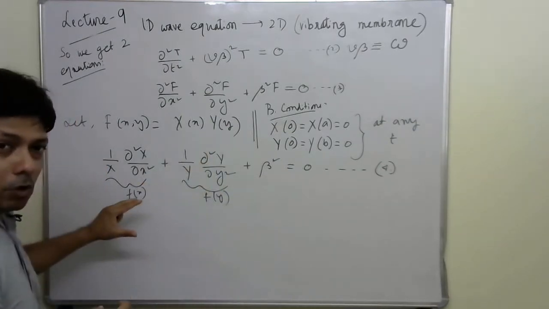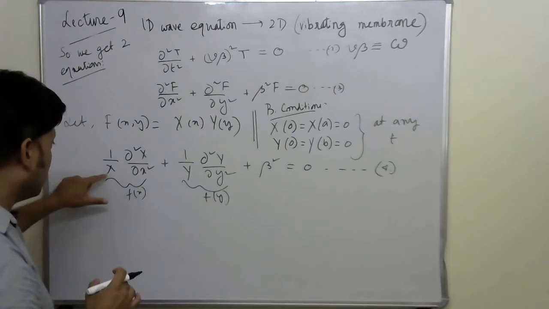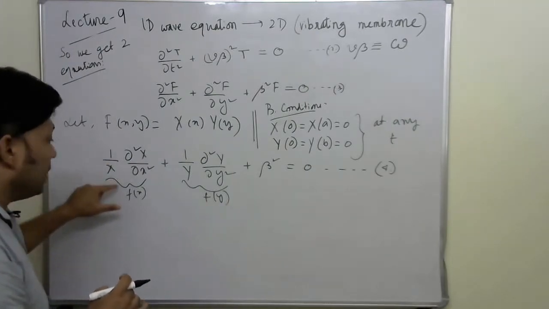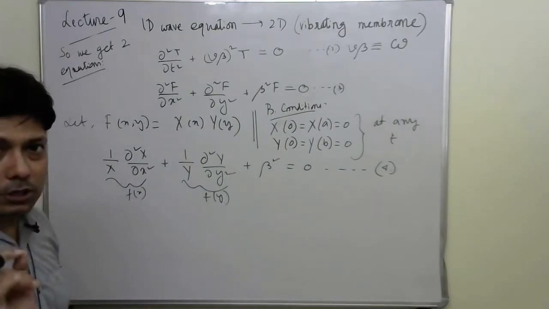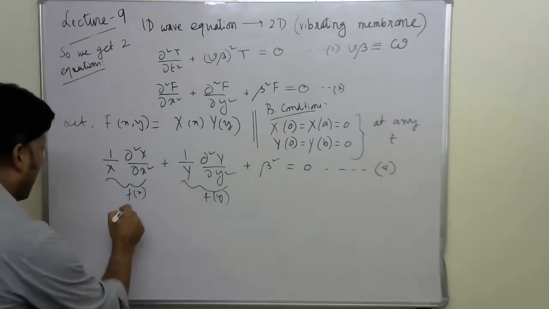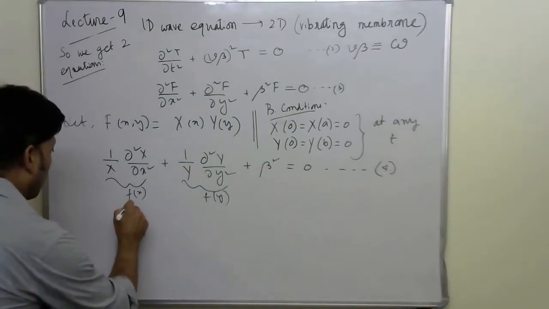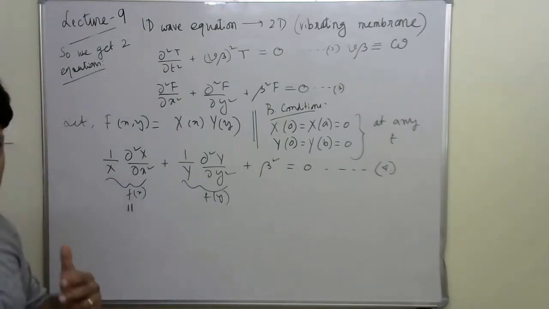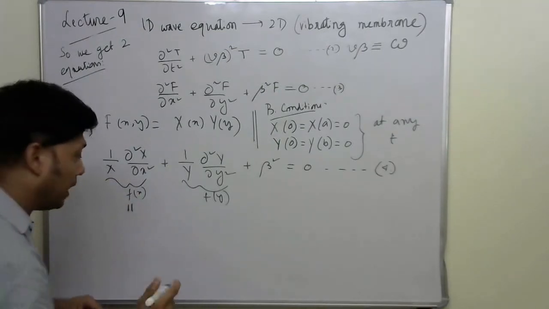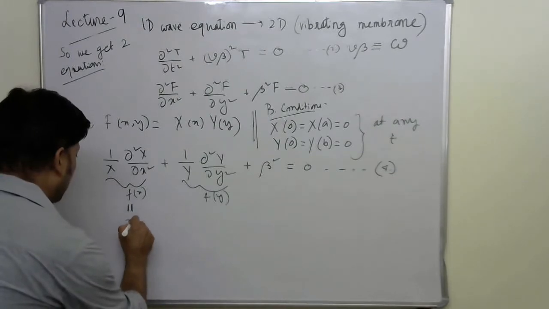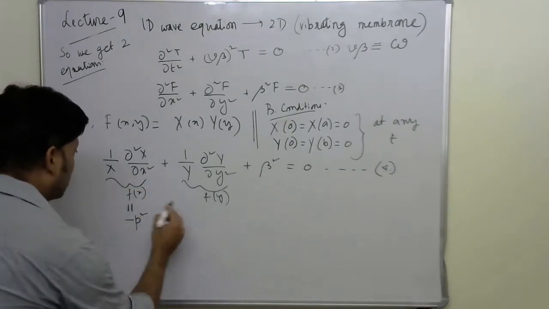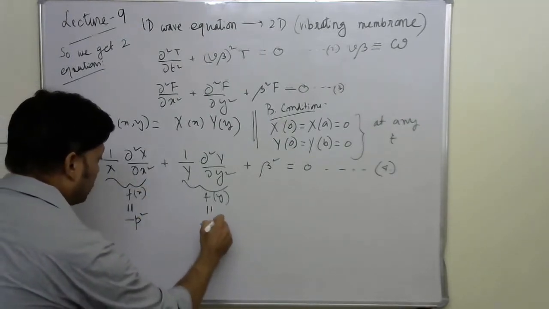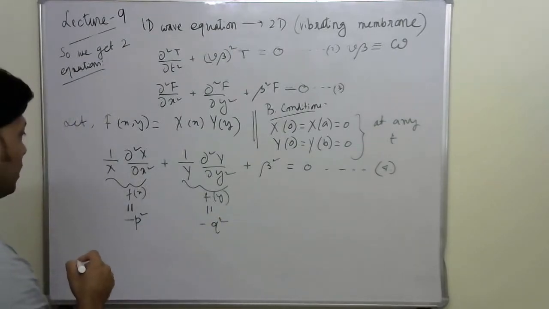From our previous knowledge from the last lectures, we equate them with a separation constant. This time also I will equate them individually with a separation constant, and of course we knew that the separation constant must be a negative number. So arbitrarily I equate them with minus p squared here and minus q squared there.